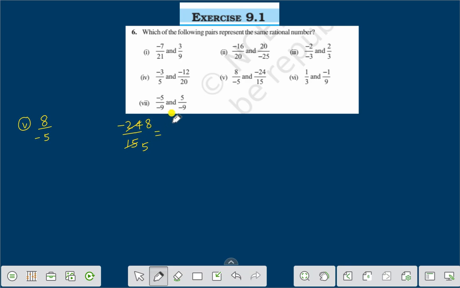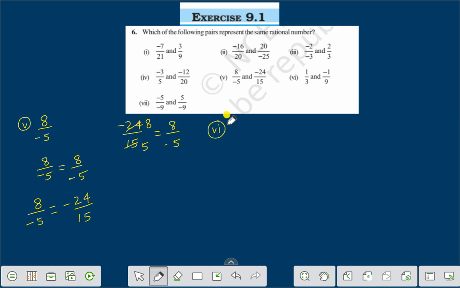That means we can write it here as 8 by minus 5. That means both are same. That is, 8 by minus 5 is equal to 8 by minus 5. And both the rational numbers are same. Therefore, you can say that 8 by minus 5 is equal to minus 24 by 15. This is same. Now, question number 6.